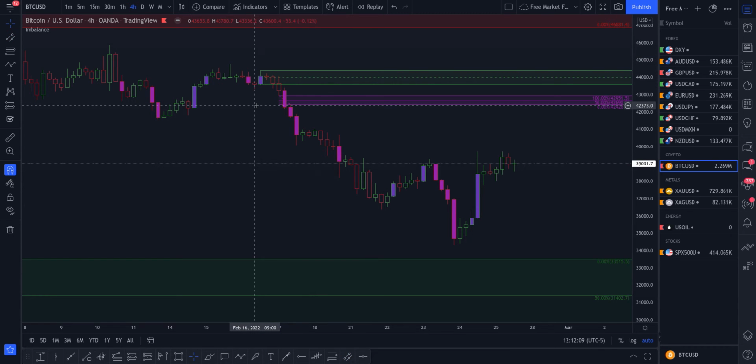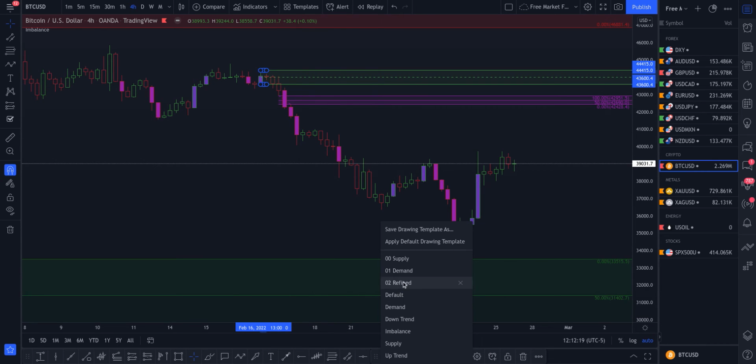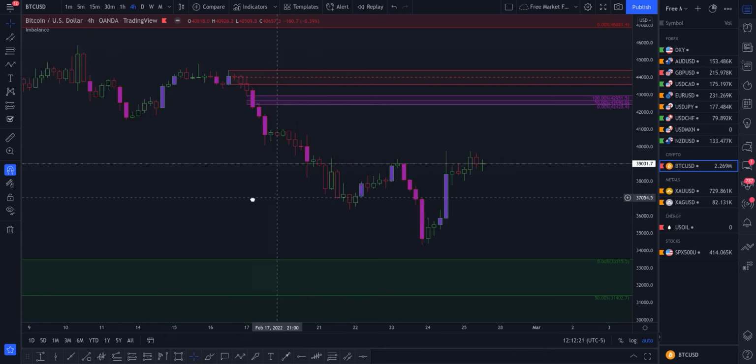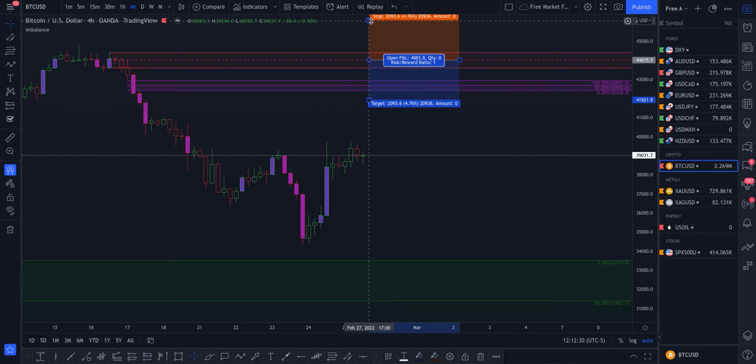Okay. All right. And the reason why I'm saying I think this is unmitigated is because price left the zone and has yet to come back here. So maybe we could definitely see price come up and then come down from this 4-hour supply.